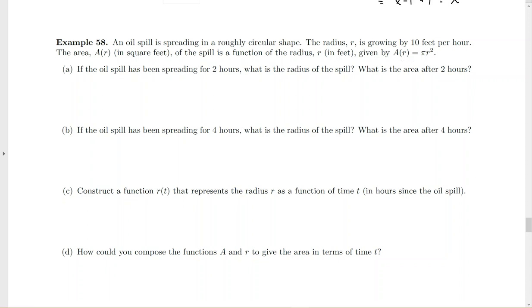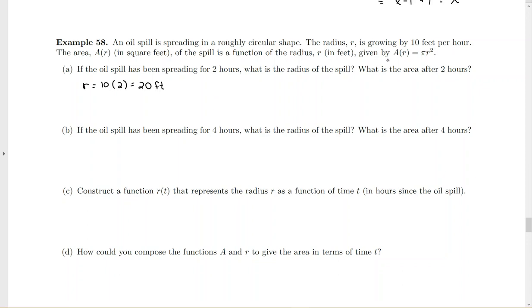If the oil spill has been spreading for 2 hours, what is the radius? So think about it. We said the radius is growing by 10 feet per hour, and if it's already 2 hours, our radius is going to be 10 times 2, which is 20 feet. What is the area after 2 hours?